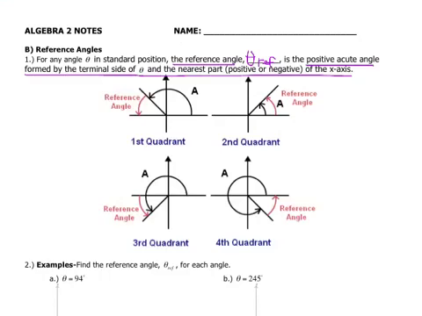So, let me go through a couple of instances here. Take a look at this for me. First of all, the black angle here is showing you your angle theta. What I typically do is highlight reference angles.